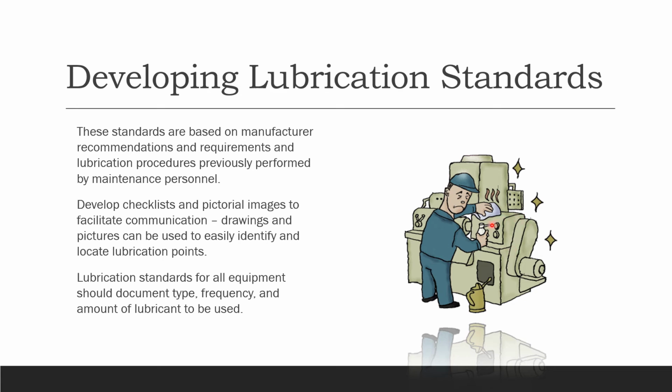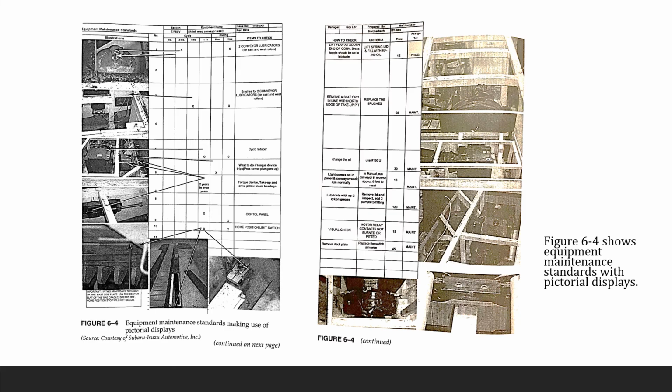Sometimes it's really difficult to put your hand into the machine, so this is just a cartoon, not realistic. Sometimes we have to use a different shape of lubricating tools. Some of them have very long and narrow pipes, so you can reach the lubrication points inside of the machine. The lubrication standards for all equipment should document type, frequency, and amount of lubricant to be used. That's how we form the lubrication standards.